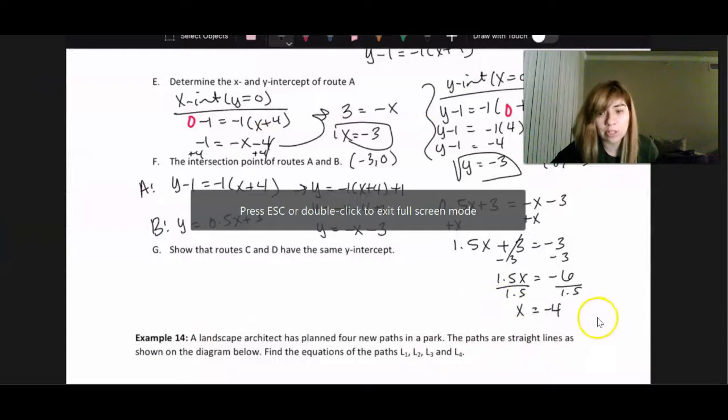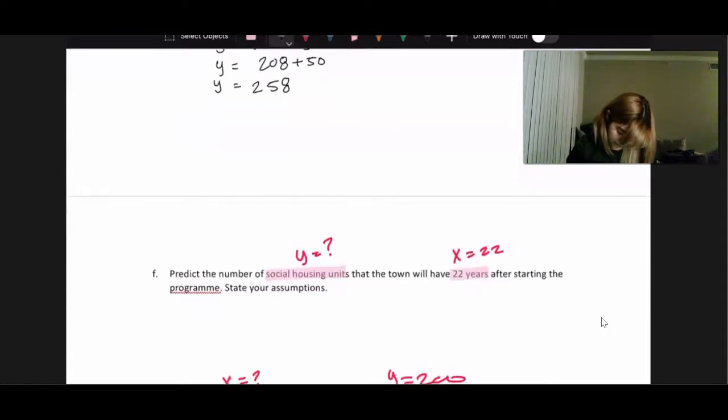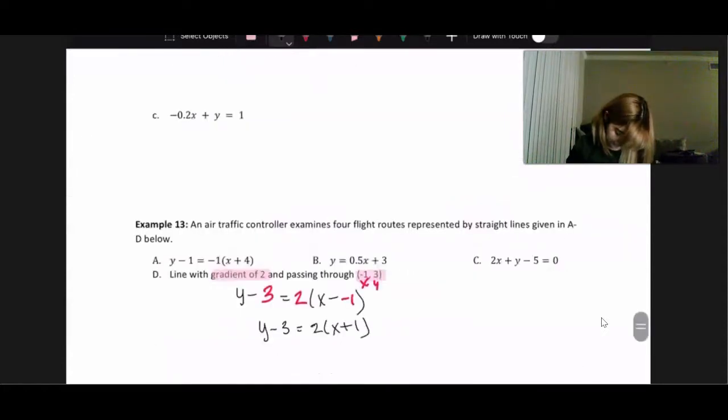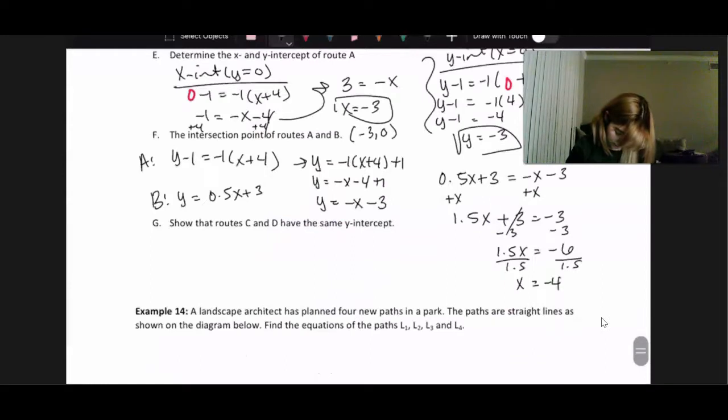You found the x coordinate, but you still need the y coordinate. You just plug it in. I'll plug it into the easier one, which is my second equation here.